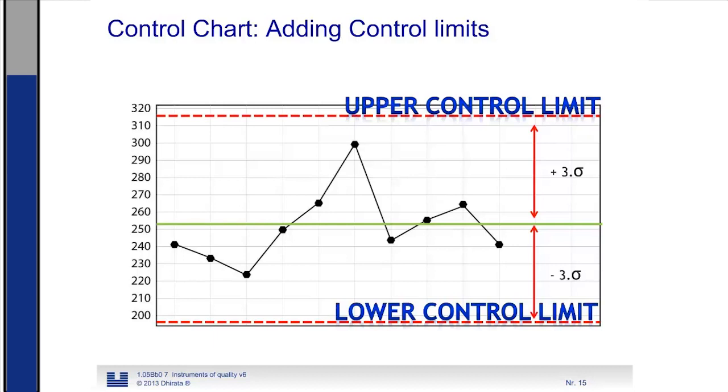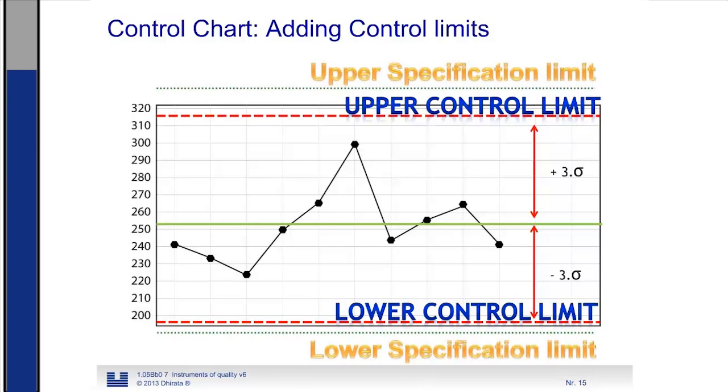This is one of the properties of the normal distribution. When the upper control limit and the lower control limit fall within specification, that is to say within the so-called upper and lower specification limits, we can say that our process has adequate quality. When that is not the case, we need to improve the quality of our process.